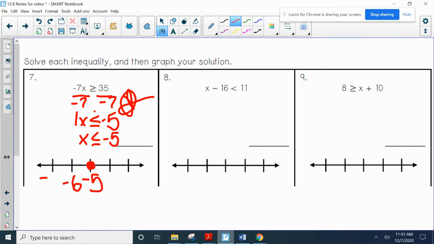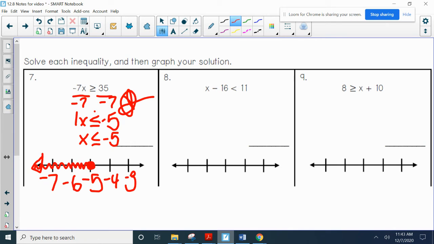Further left, we're going to get farther in debt. You're less than the hole. Which direction would we need to shade if we want all the numbers less than negative 5? Well, the higher the number, the further in debt we are, so we're going to shade to the right.